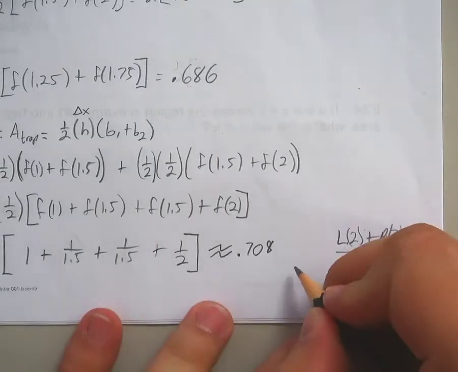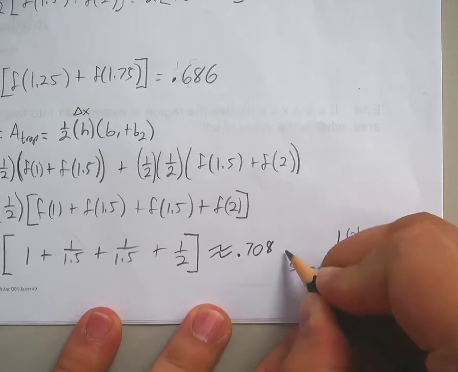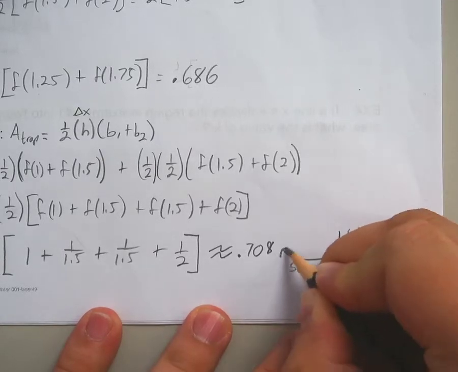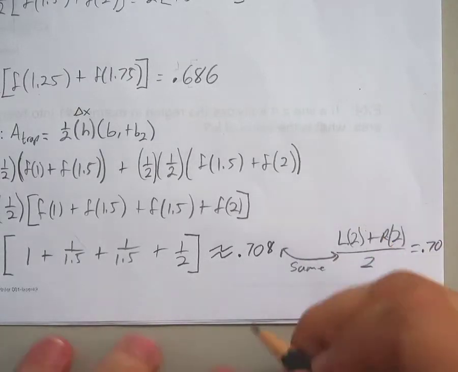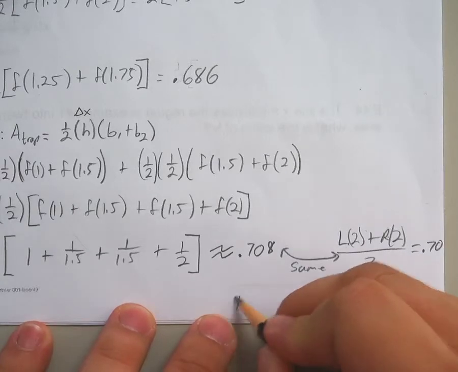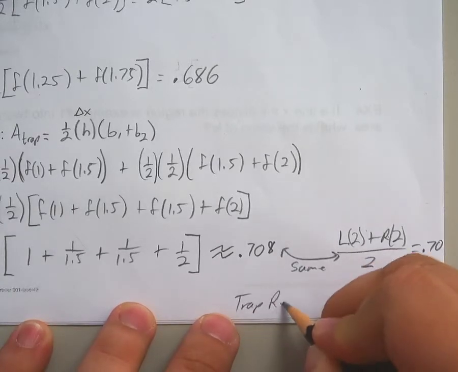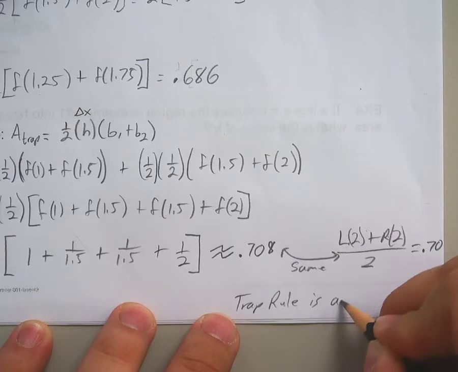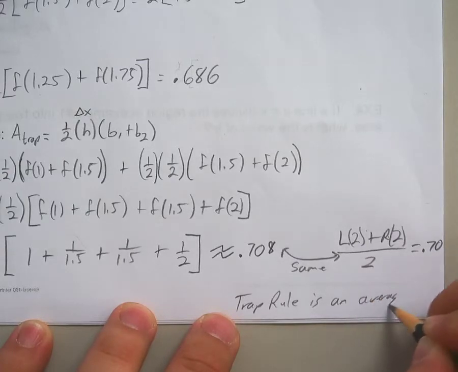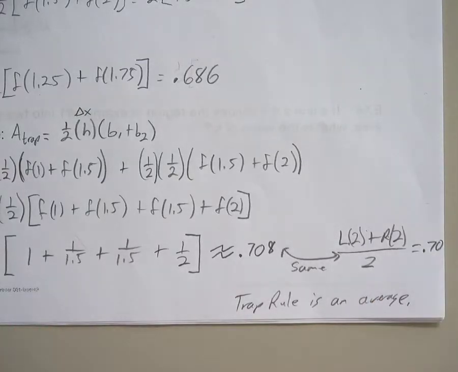These two things are the same. That means that the trapezoid rule is an average. The trapezoid rule is an average area. And the key to doing the trapezoid rule is to understand that these f of 1.5s are doubled.